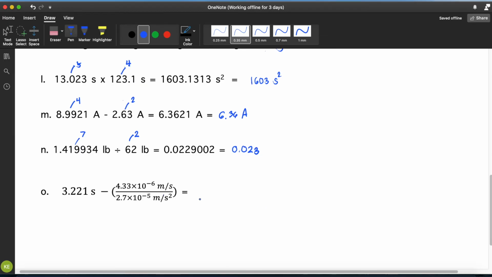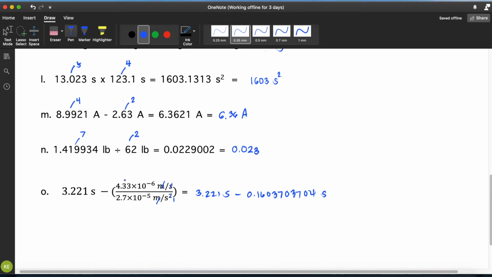It's being divided, so you'll have 3.221 seconds minus the answer when dividing these two, which is simply equal to 0.1603704 seconds. Take note the unit is in seconds since the meters cancel out, and also one second is left here.